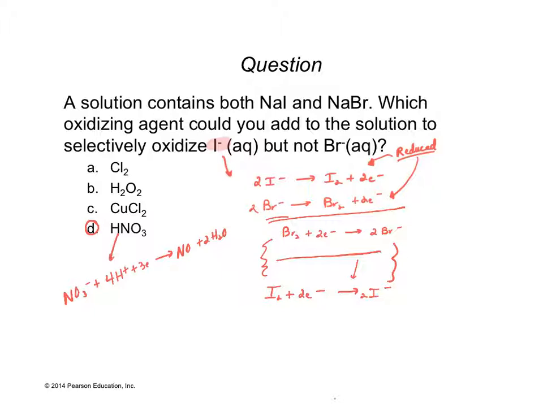This is what we mean by nitric acid. It's nitrate floating around. We know nitric acid is a strong acid, it completely dissociates, so we get protons and nitrate. If nitric acid was there, it would be able to oxidize iodide, producing iodine. And again, it's because it lies in between these two in the overall standard reduction potential table.